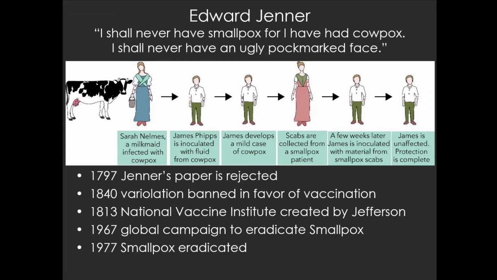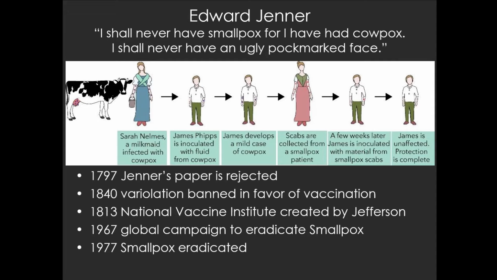And I found it really interesting when I was researching this that there was a National Vaccine Institute created by President Jefferson in 1813, far earlier than I had any idea that anybody really thought about vaccines as a public health measure. You might remember from our history of epidemiology that smallpox was the first and at this point only disease that's ever been eradicated globally.